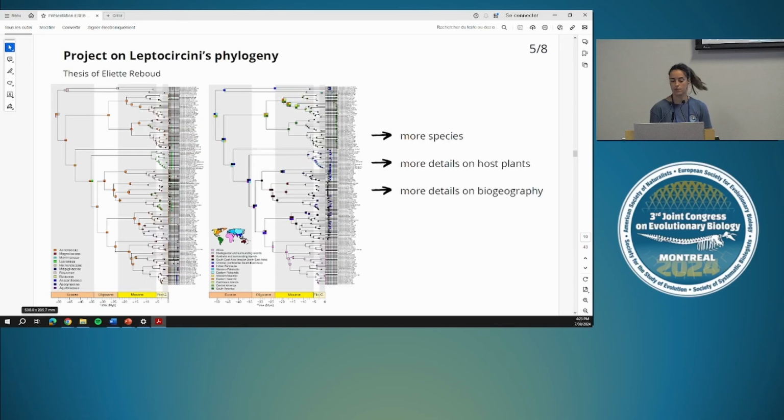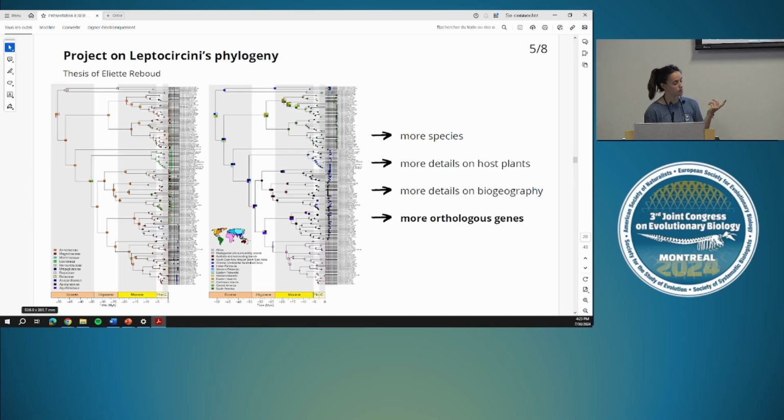We chose to start with the Leptocercini tribe, relying on the phylogenetic reconstruction from Allio's thesis, which provides inferences of host plant regime at family level, as well as geographical area for around 150 species, which represents almost all existing species for this tribe.